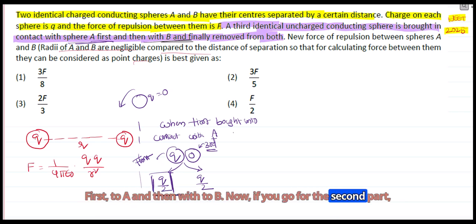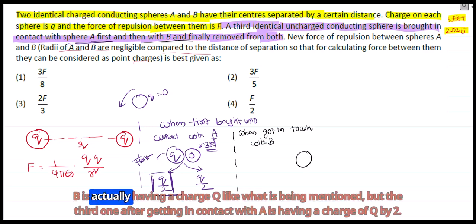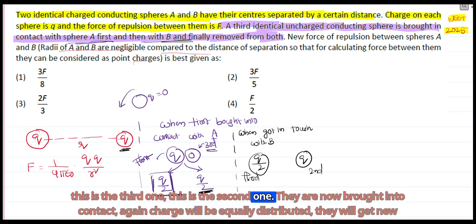Now what happened? First to A and then with B. Now if you go for the second part, when it got in touch with B, B is actually having a charge Q as mentioned. But the third one, after getting in contact with A, is having a charge of Q by 2. So this is the third one and this is the second one. They are now brought into contact. Again charge will be equally distributed.